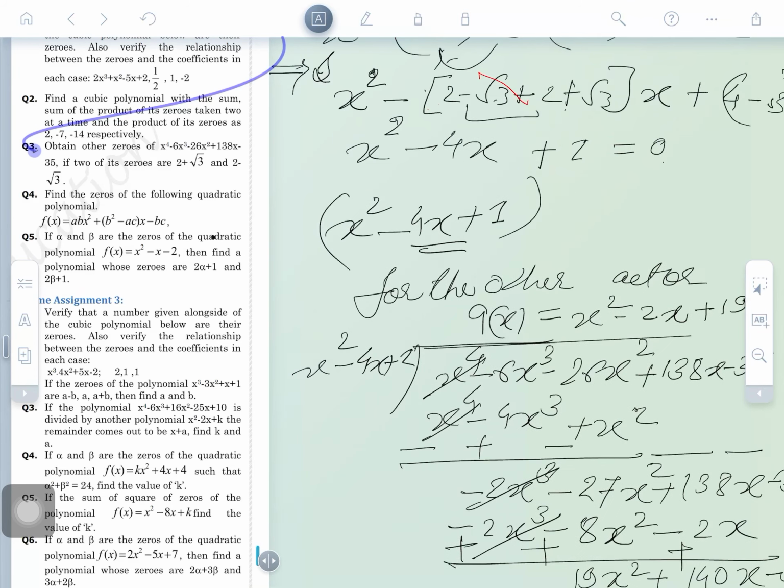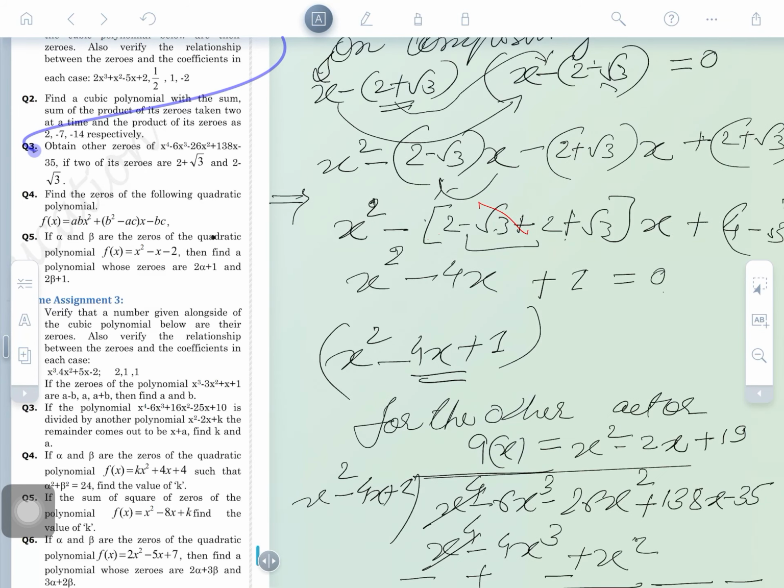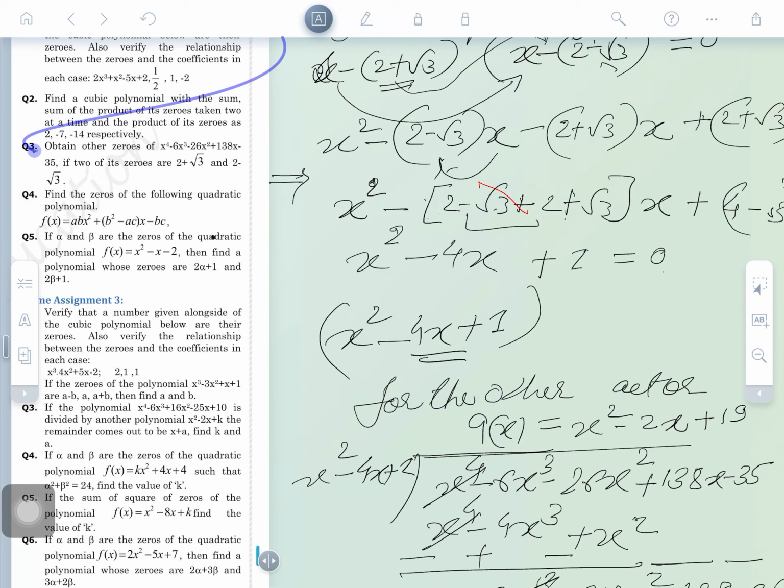As we have done here, 3 cancels, and minus 4x and plus 1 is there also. Now x square minus 4x plus 1 is dividing the polynomial p(x), and what is coming here?